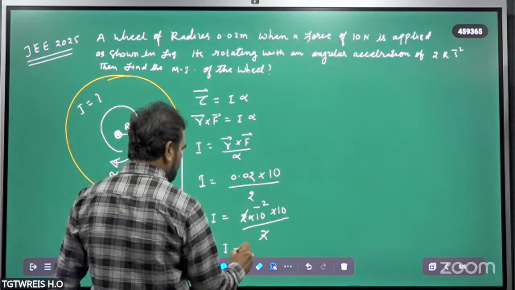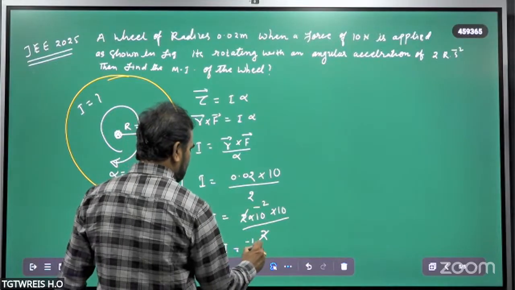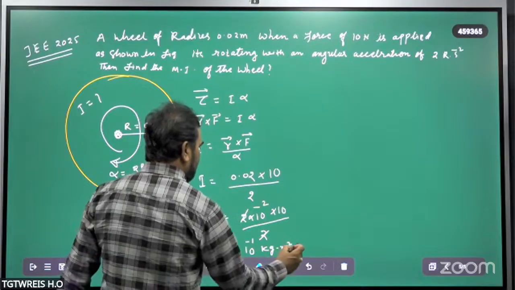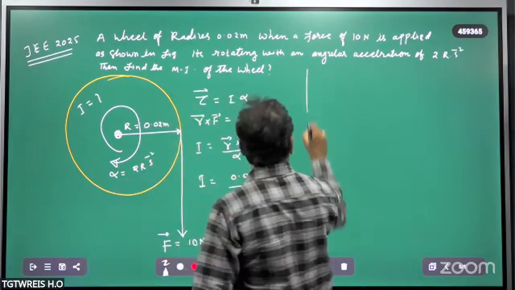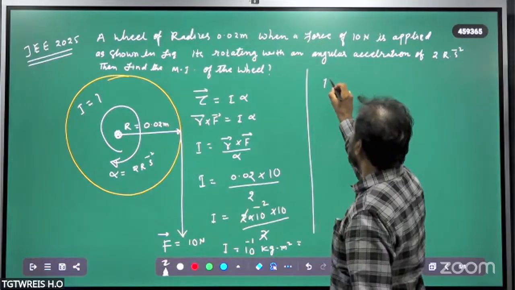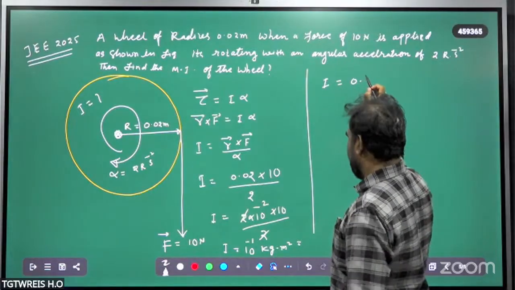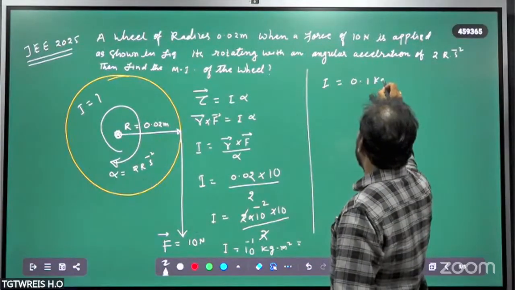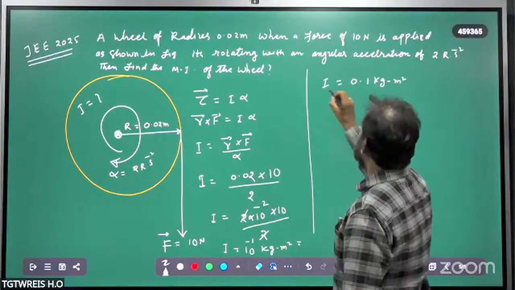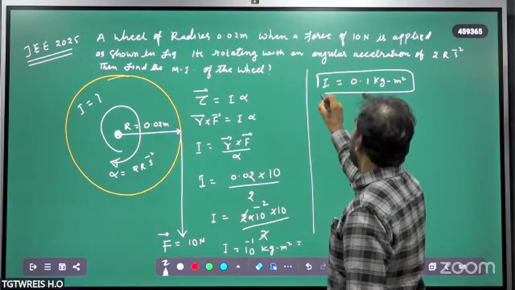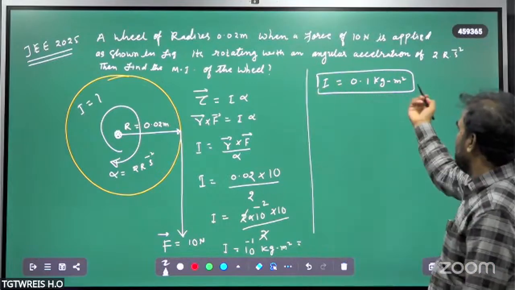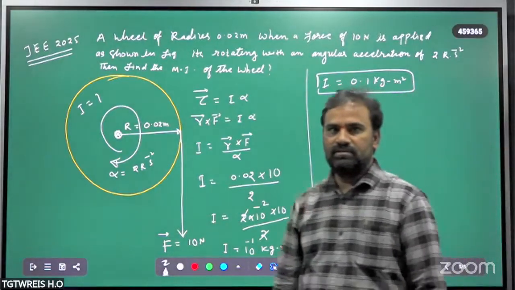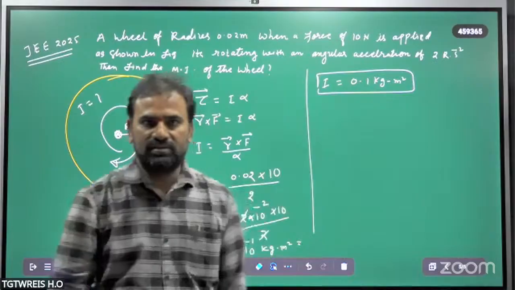Therefore, I is 10 to the power of minus 1 kilogram meter square, that is I equal to 0.1 kilogram meter square. The wheel has a moment of inertia I equal to 0.1 kilogram meter square. Is it clear or not?